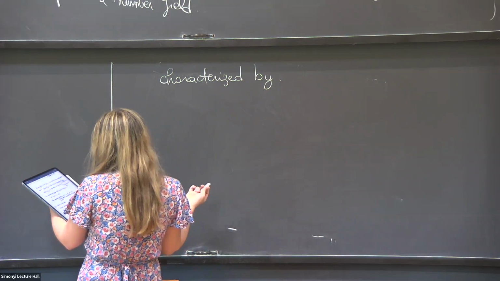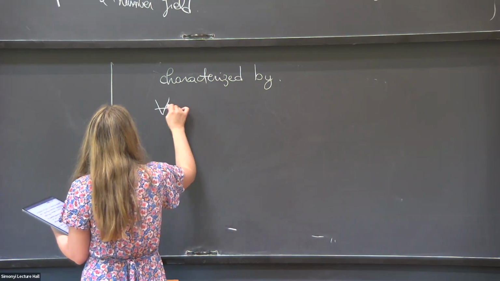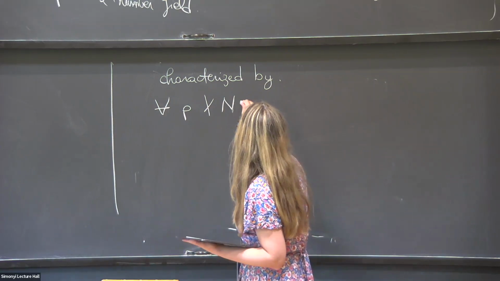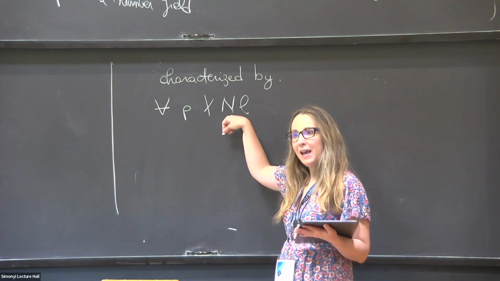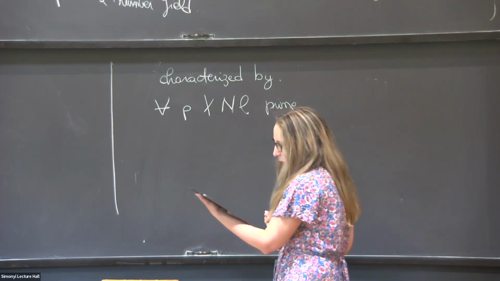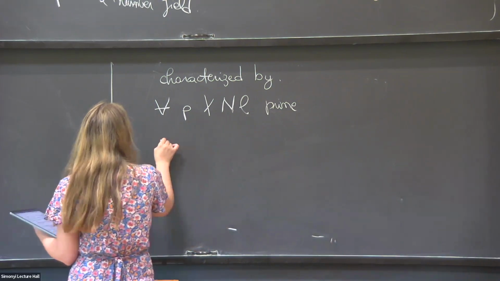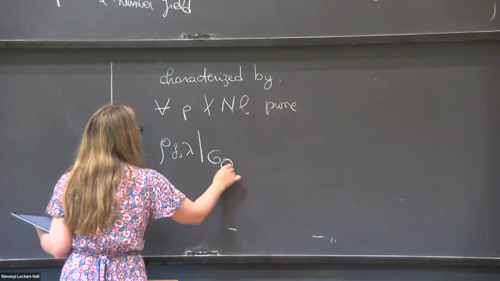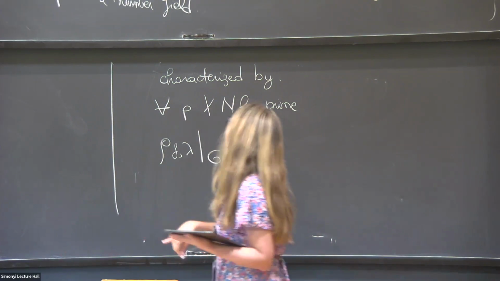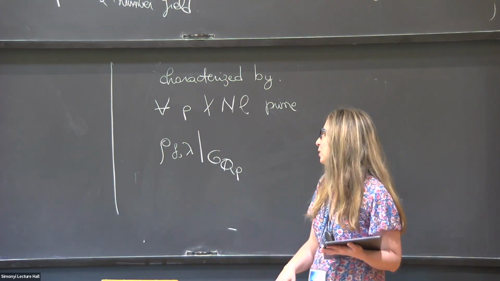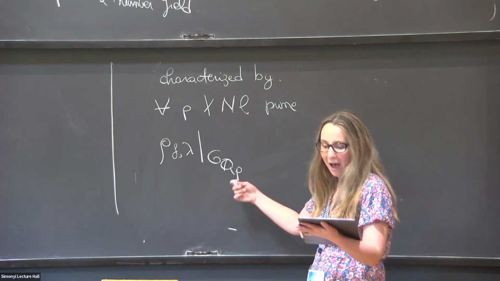So this is completely determined by what I'm going to tell you. For every prime p that doesn't divide N and that doesn't divide L, this representation, you can view as a representation of the local Galois group of the field of p-adic numbers. So it's the decomposition group at p.